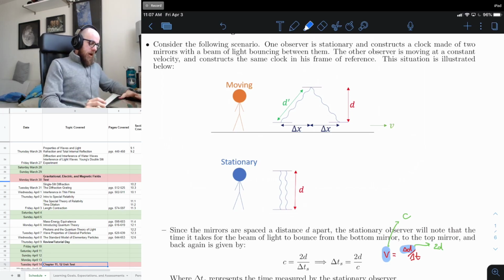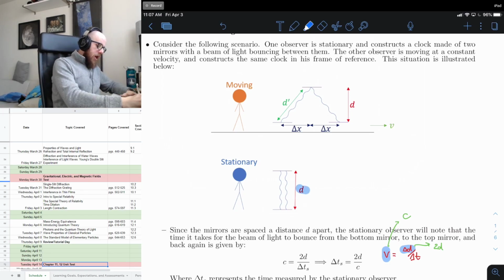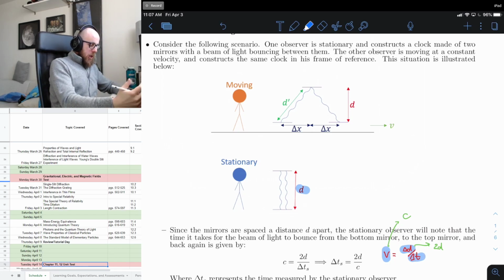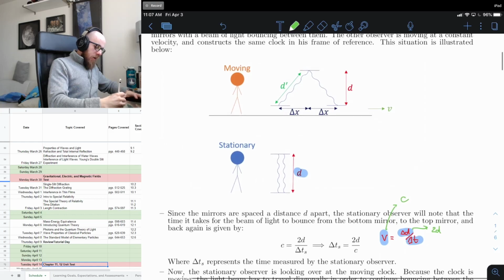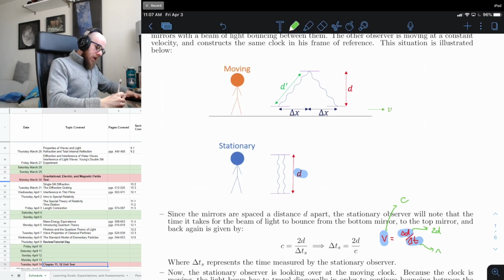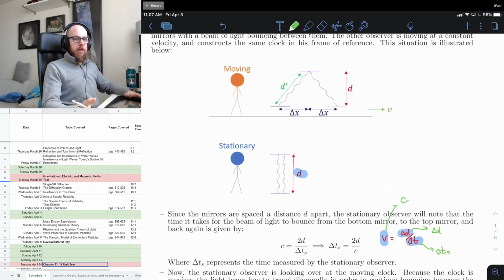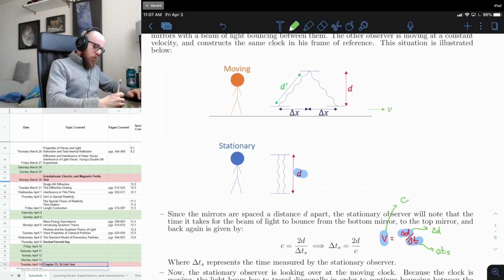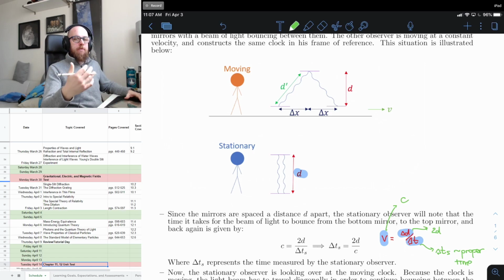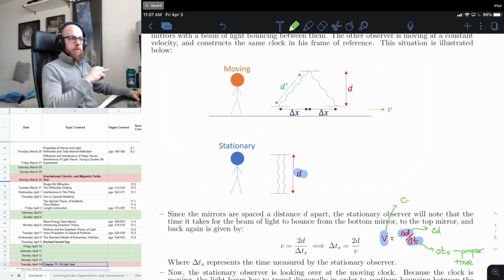The time that it takes to travel, we give a special name. We call this time delta t sub s. The sub s stands for stationary, and we call that the proper time. The proper time is the time that's measured by the stationary observer.